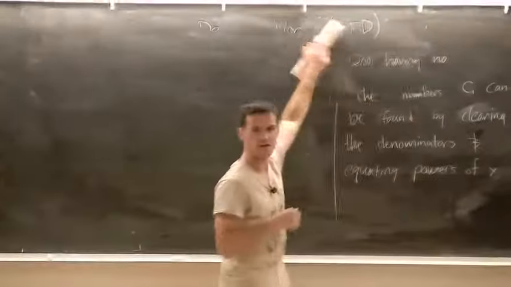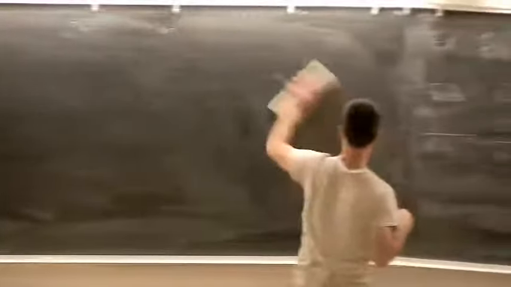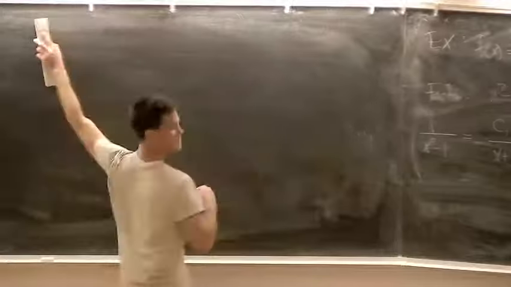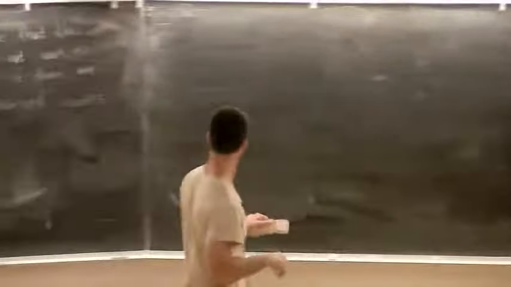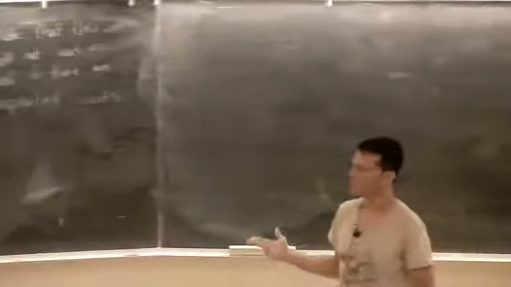Someone had their hand up? Probably because you have to take the integral of the fraction. Mm-hmm. Yep, that's right. Okay, let's just continue on with this example. The question is, like he said, what if we had to take the integral of this guy?